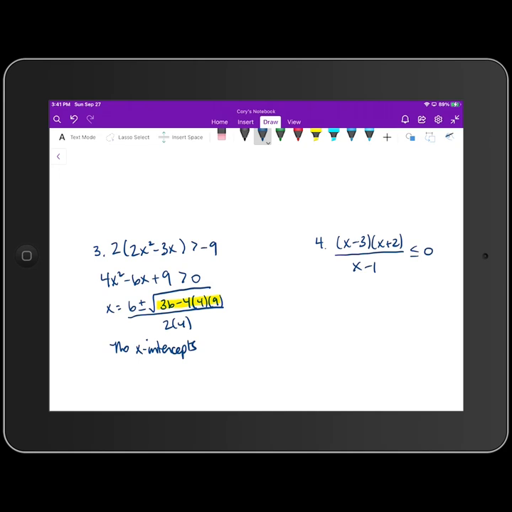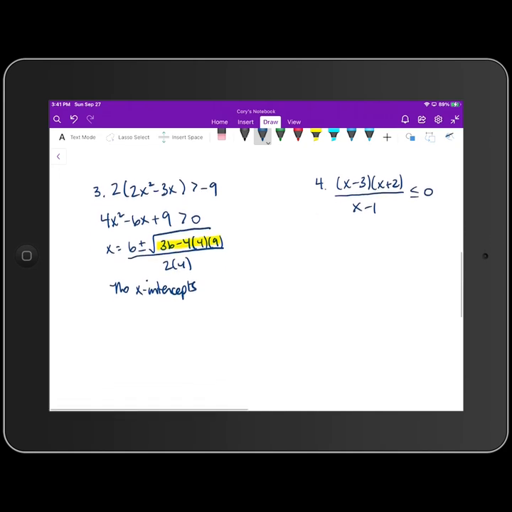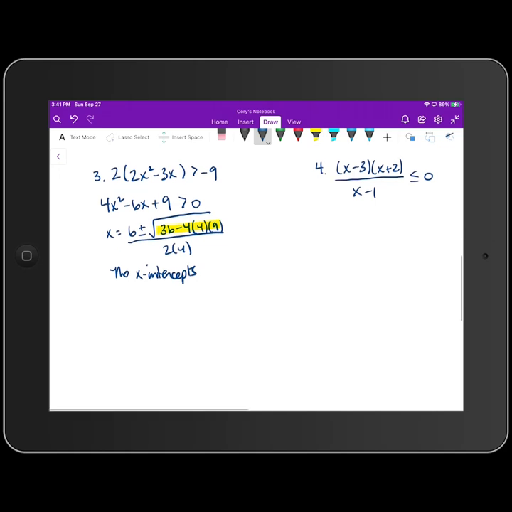Okay, now we need to think a little bit with this one. If our graph has no x-intercepts, we have to look at how our quadratic function is going to open. And because the a value here is positive, that means that the graph is going to open up. So if the graph opens up and has no x-intercepts, that means the vertex has to lie above the x-axis.